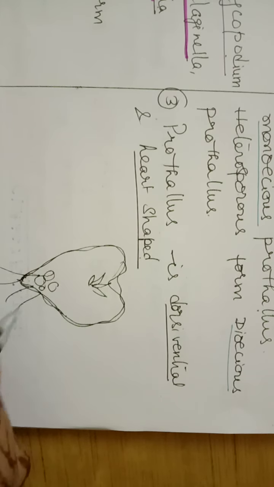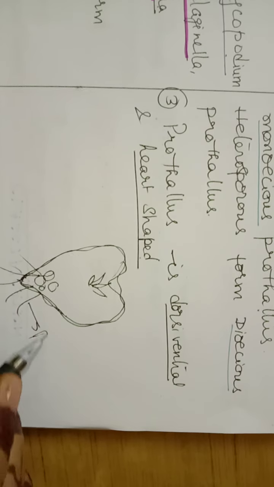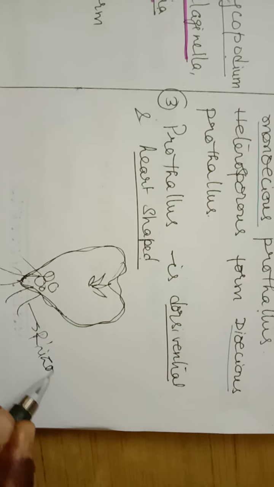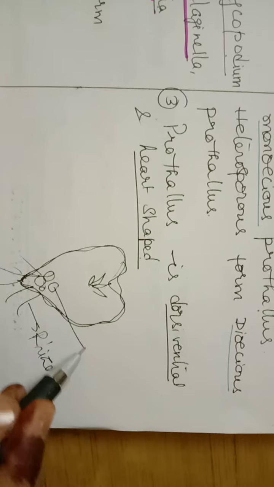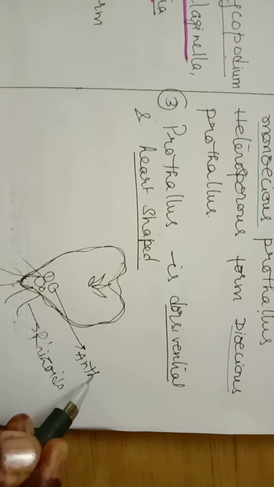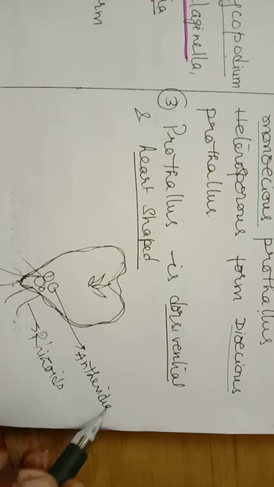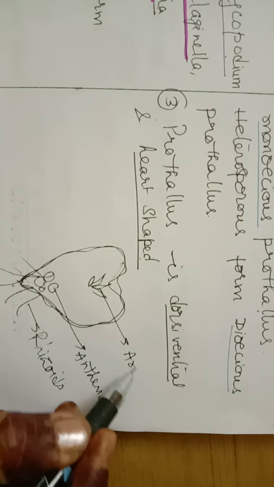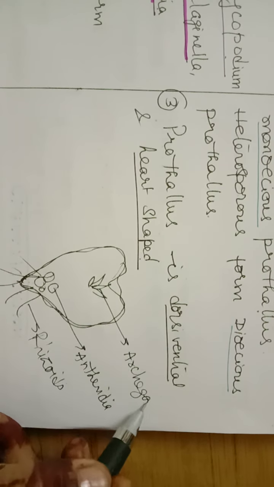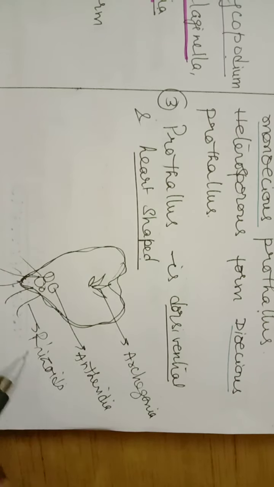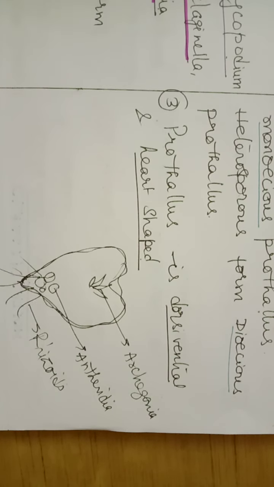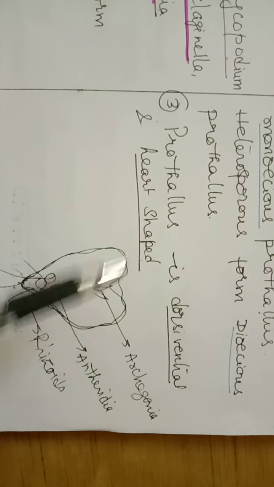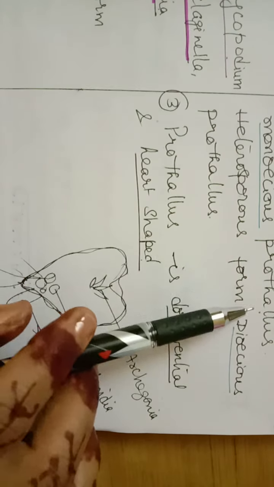And rhizoids are also present. So when both antheridia and archegonia are present on the same gametophyte, then we call it monoecious. So if it is homosporous, they give rise to a monoecious prothallus.